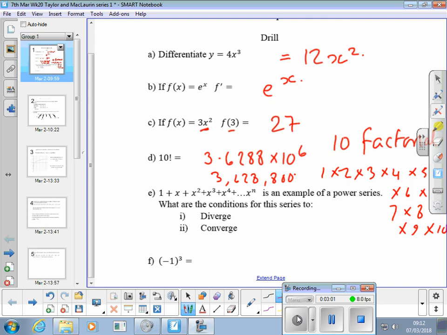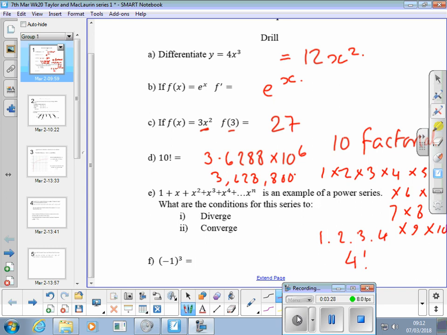Sorry? Well, if you're doing some calculations, you're going to see in a little while, we're going to end up with a calculation where we have 1 times 2 times 3 times 4, and then we realise we can write that as 4 factorial.